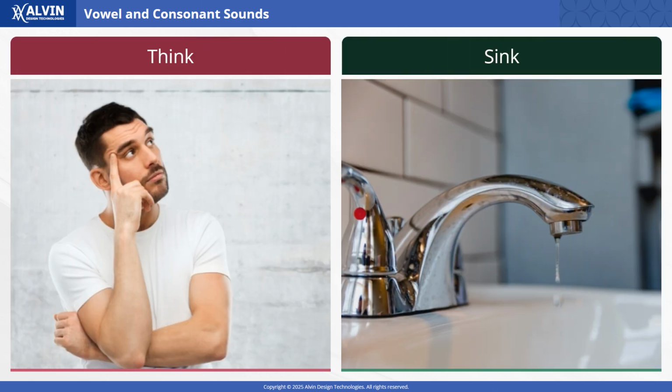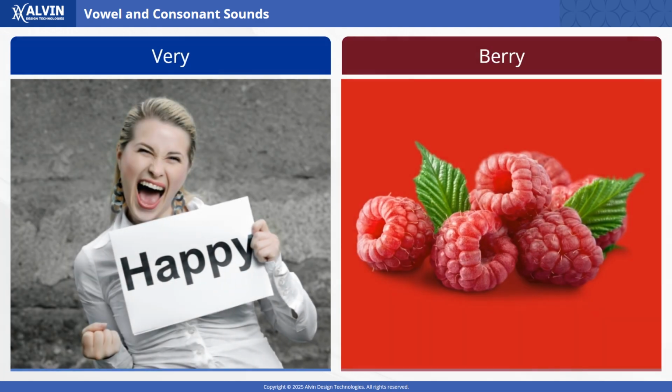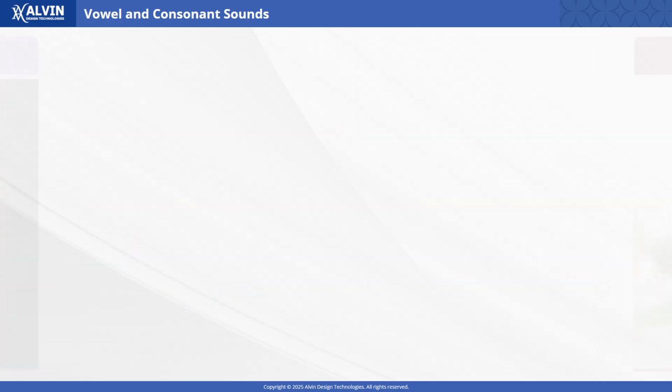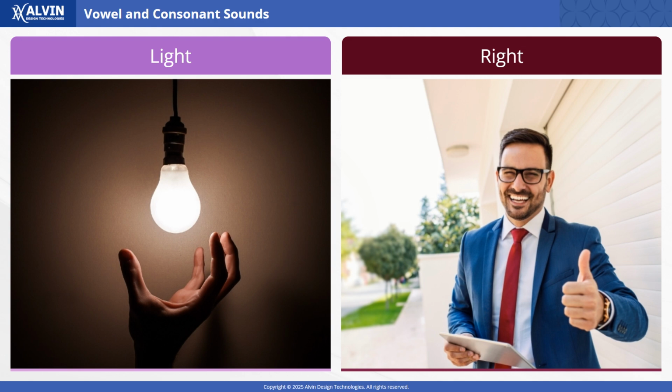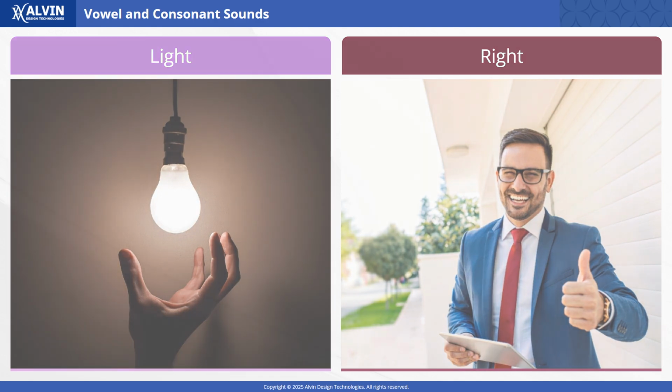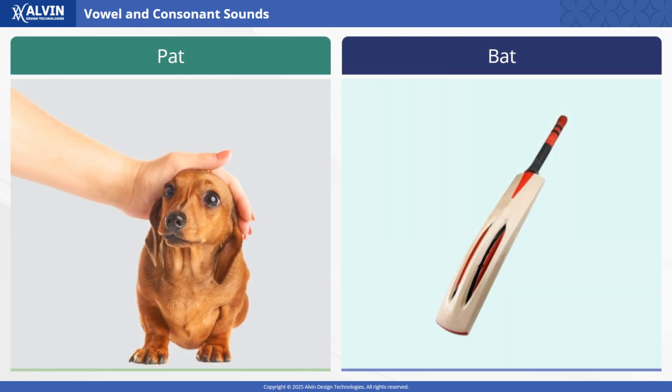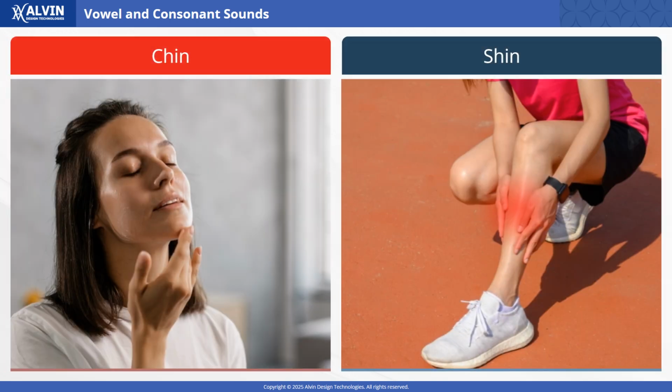Now let's learn the consonant sounds. Think, sink. Very, berry. Light, right. Pat, bat. Chin, shin.